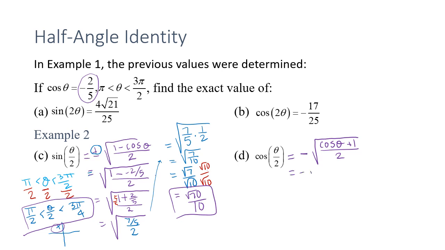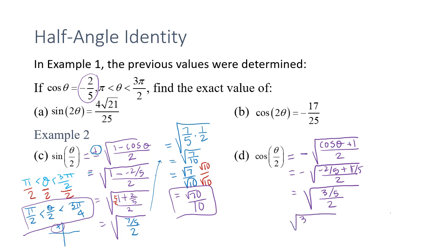So this is going to give us cosine of theta is negative 2 over 5 plus 1 over 2. Combine that fraction on the top. So 1 is the same thing as 5 over 5. So negative 2 plus 5 is 3. And then again, the denominator is 5. So 3/5 on the top divided by 2.